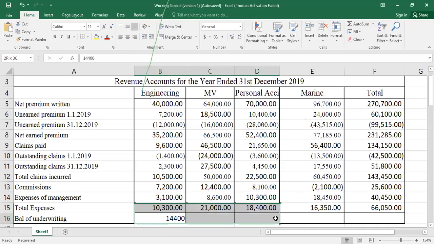So you can say engineering insurance gave us a profit of 14,400. Then for the motor vehicle, it gave us 4,500, which is a loss, a loss of 4,500.